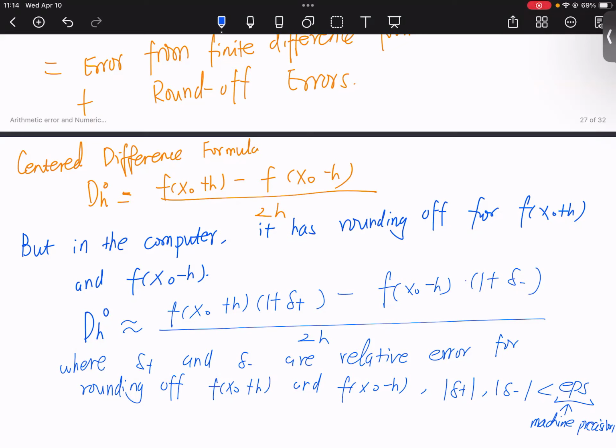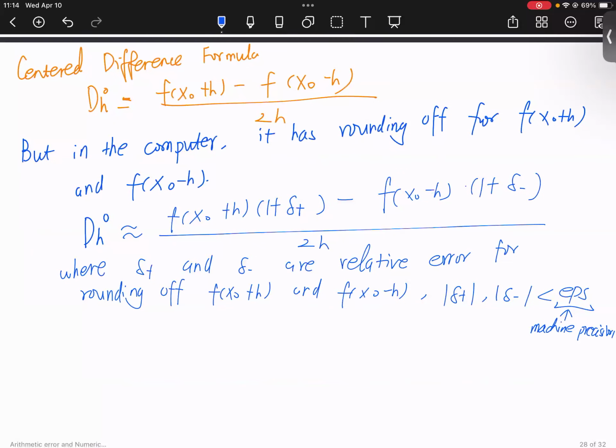If you remember what we did in chapter 5, I just mention this in case you forgot: the rounding of x equals x times (1 plus delta), and delta is the relative error. Do you remember this? But now I changed this to f(x0 plus h).